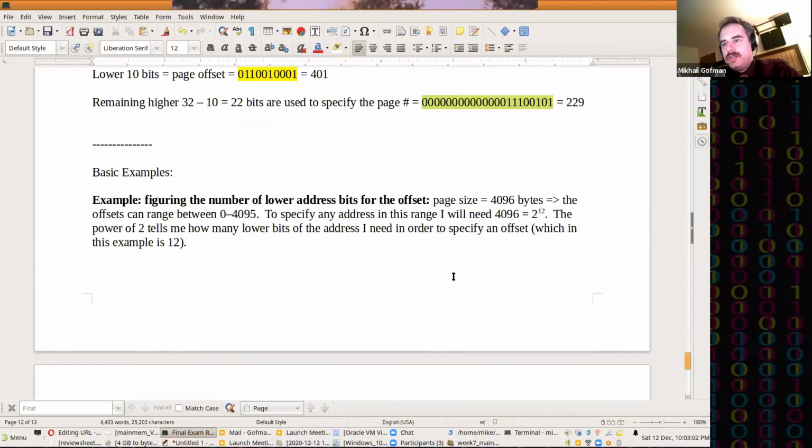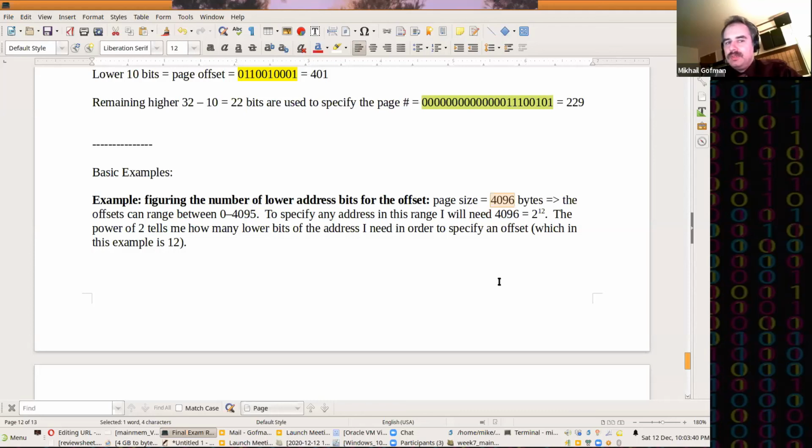The lower bits are always used to specify the page offset. If my page size is 4096 bytes, then I can specify any page offset ranging between 0 and 4095.